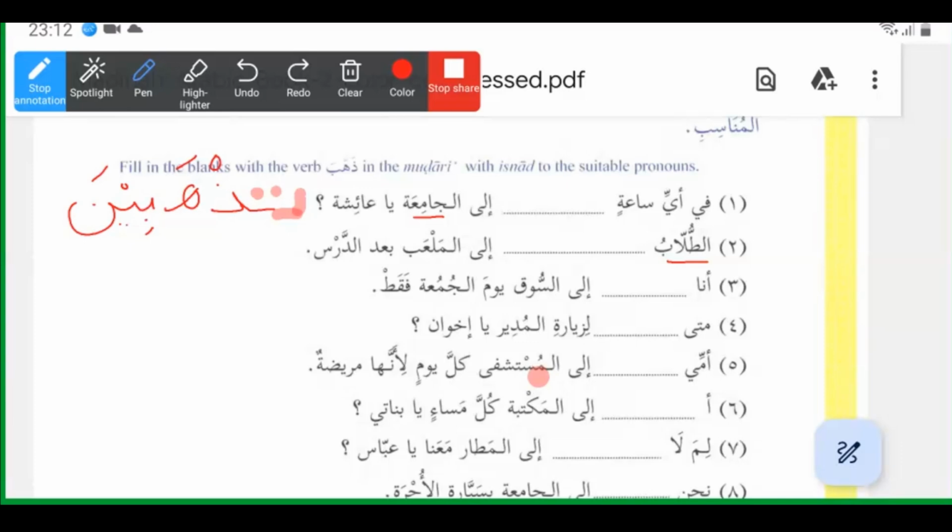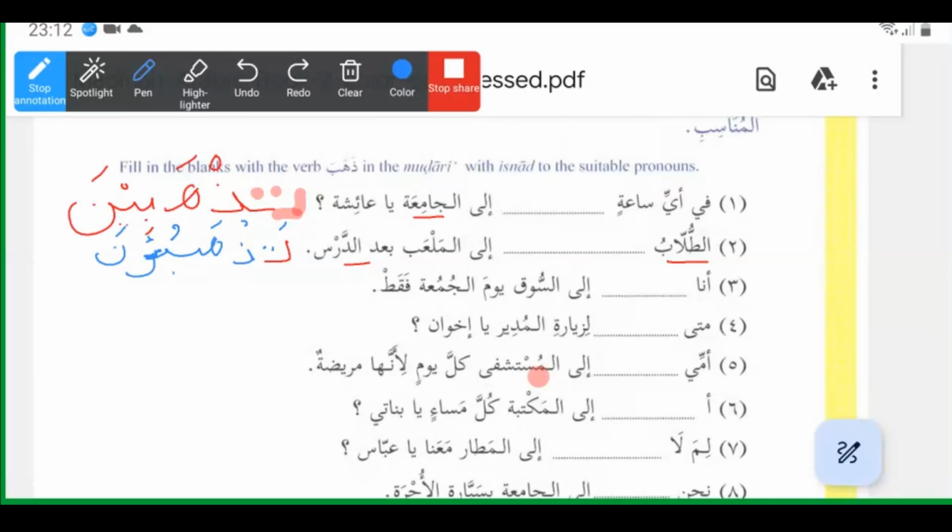Students are going to the playground after the dars. Students go to the playground after dars.